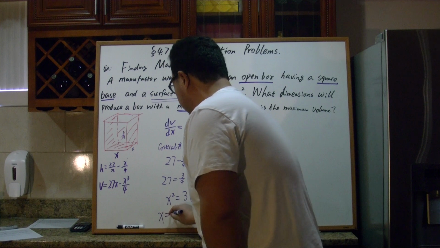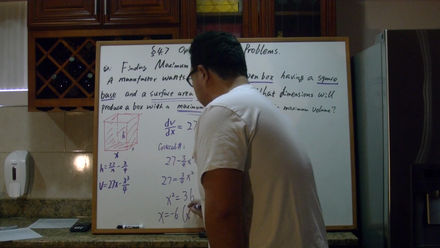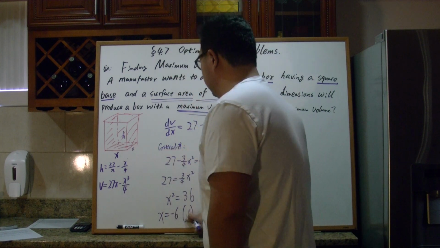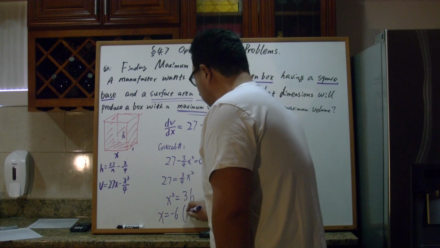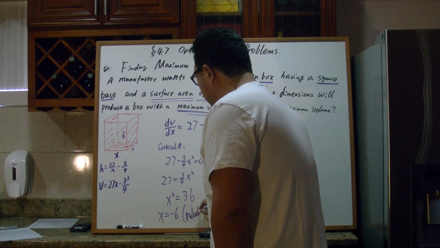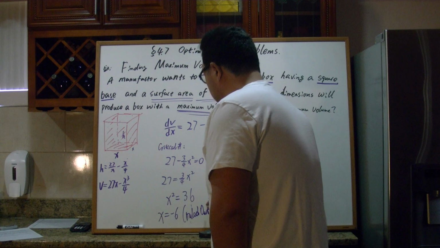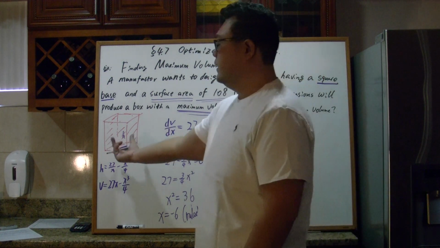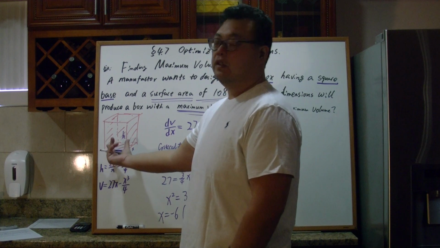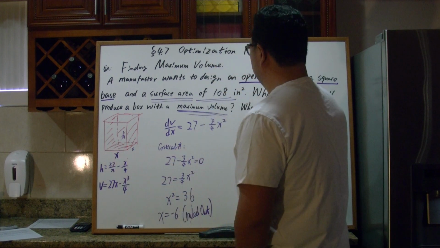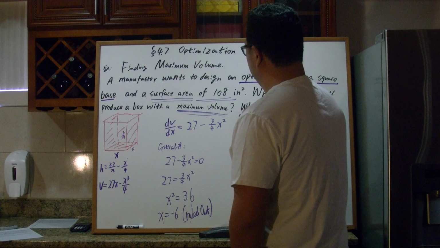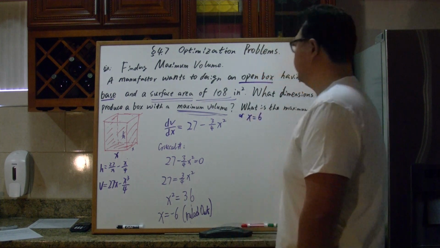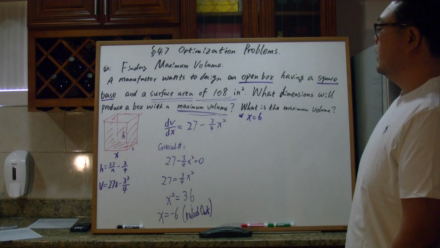x equals negative 6 is ruled out, since x can only be a positive number; the base has to be some length. So x equals 6. Well, we get the critical number.